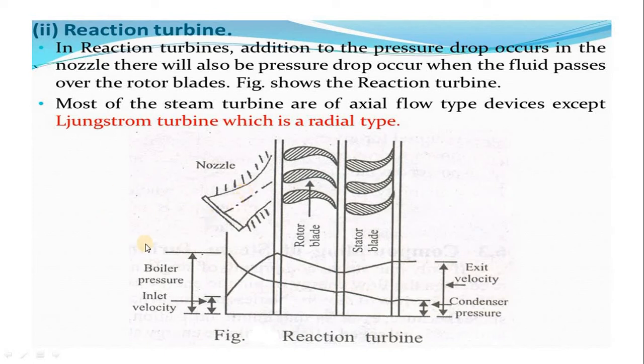The steam coming from the boiler enters the nozzle, and in the nozzle its velocity goes on increasing. You can see this in the velocity graph: the velocity increases continuously in the nozzle by reducing the pressure. That is, the kinetic energy increases by reducing the pressure, and the high velocity steam enters onto the surface of the rotor blade.